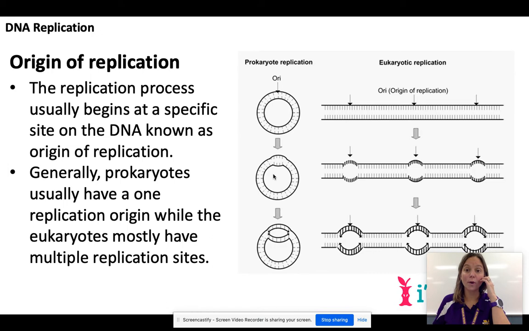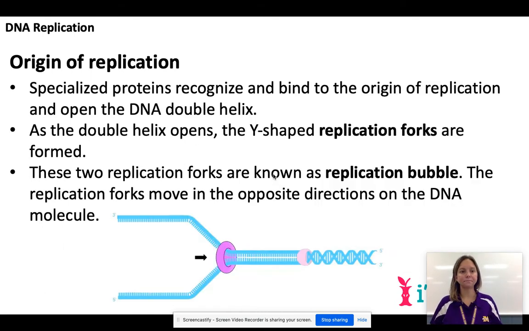Now, in a prokaryotic strand, it actually only starts at one spot, but it goes in two directions because prokaryotic cells are circular. So they start at one spot, and then it wraps around the circle until it meets the other end. Eukaryotic, because it's linear, will actually have multiple places along the strand where it will be replicating.